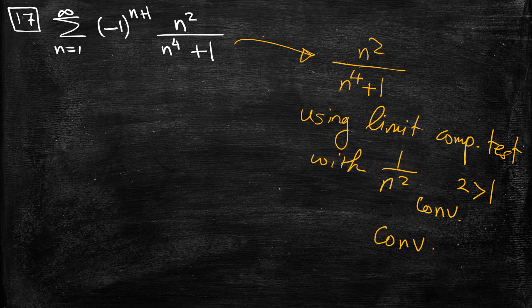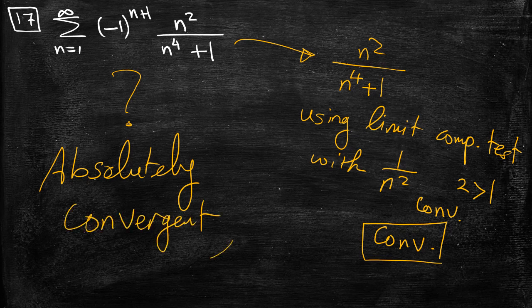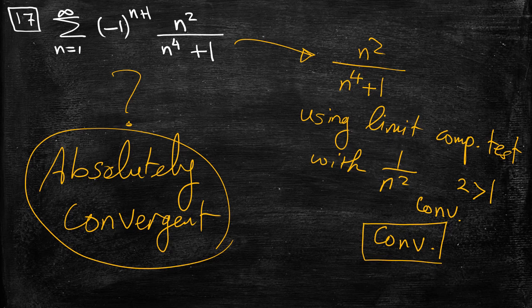You can figure this out by yourself, it is convergent, and then I don't need to do any tests. Why? Because if the series in the positive terms is convergent, all the alternating terms will also give us convergent terms, which we call this kind of series absolutely convergent. So no more tests? Yes, no more tests.